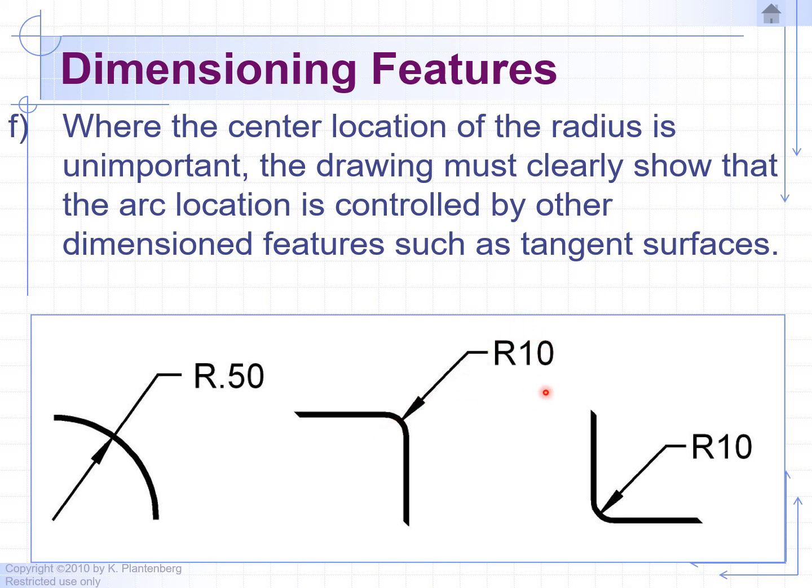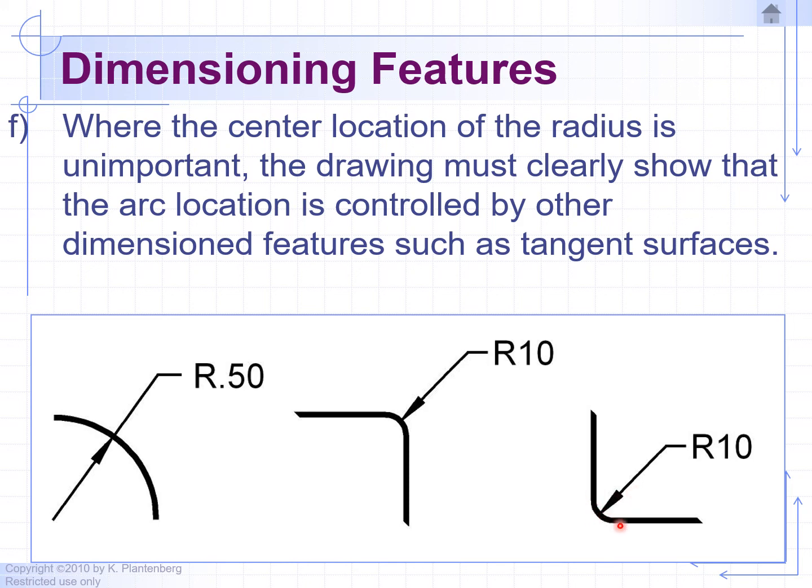Notice how the text is floating upward. That's what you prefer. Also, when you have an inside fillet, an inside radius, same thing, you assume tangency with the vertical and horizontal line. Again, the location of these arcs is not important, so we do not use little center marks to locate the center of the arc.